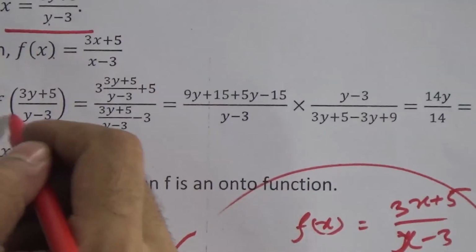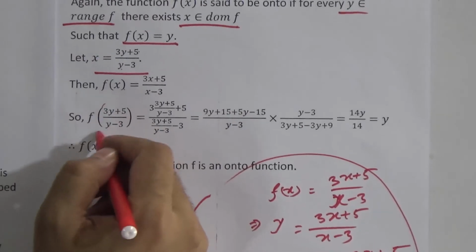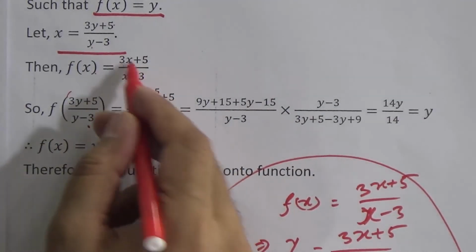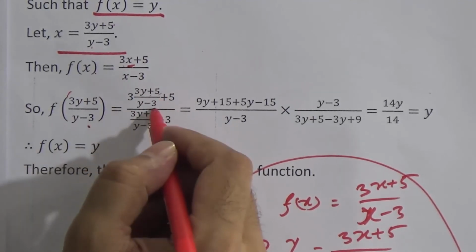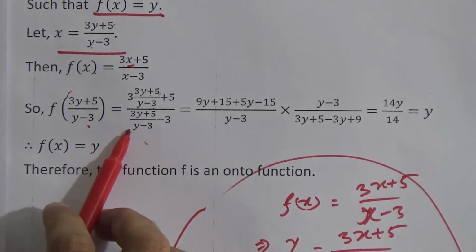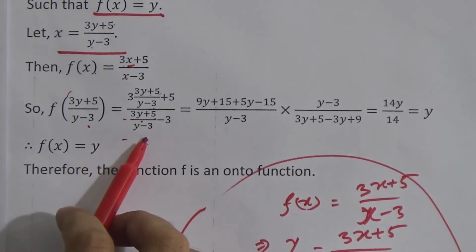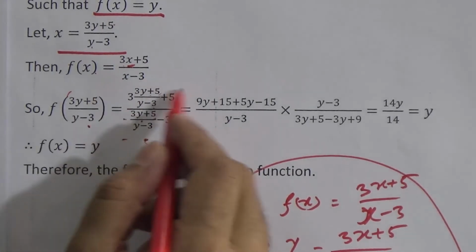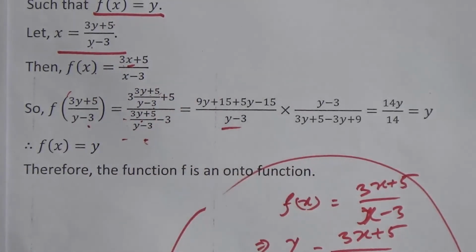Now put the value of x equal to (3y plus 5) by (y minus 3). So we can write 3 times (3y plus 5) by (y minus 3), then plus 5. The denominator will also be the same value, (3y plus 5) by (y minus 3), minus 3. Now you can calculate. In the numerator, y minus 3 will be the LCM.